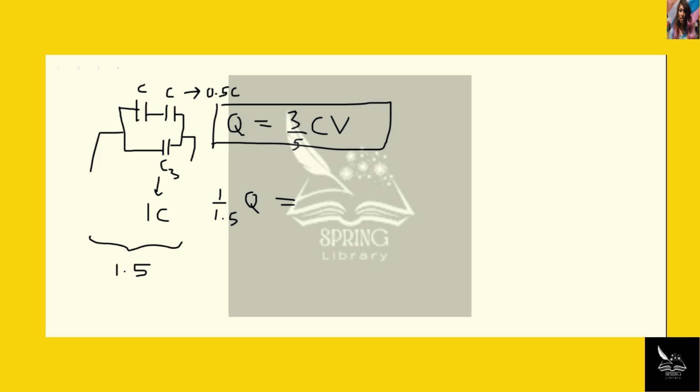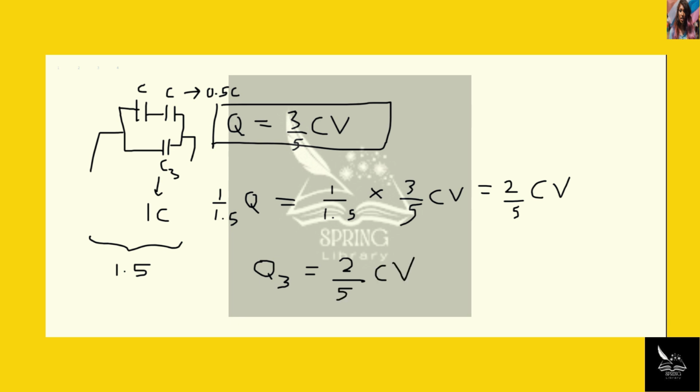So the charge across C3 is 1 divided by 1.5 times 3 divided by 5 CV, which is equal to 2 divided by 5 CV. So Q3, that is the charge across capacitor 3, is equal to 2 divided by 5 CV.